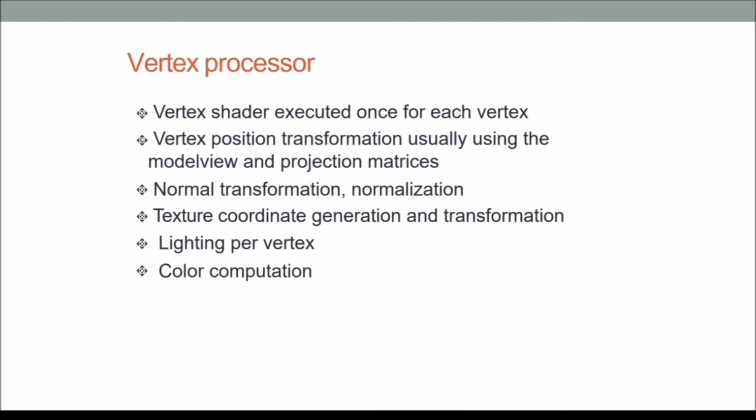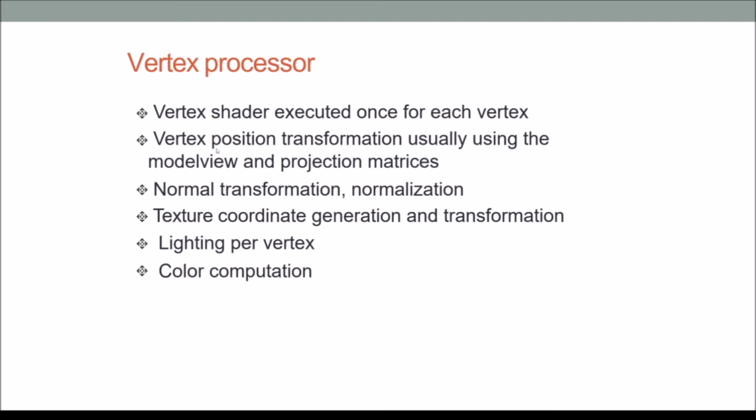So what is the vertex shader actually doing? The vertex shader executes once for each vertex, so each vertex it will process. That's why in the GPU you have parallel processing ability, so you can pass each vertex into one arithmetic logic unit and calculate things, and the other vertex or other point can be handled by something else.